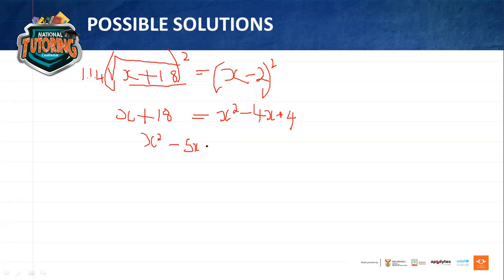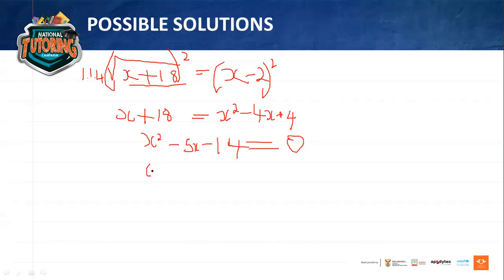The 18 goes to the other side, and it gives us minus 14, equal to 0. That is the step we needed to write it in standard form.